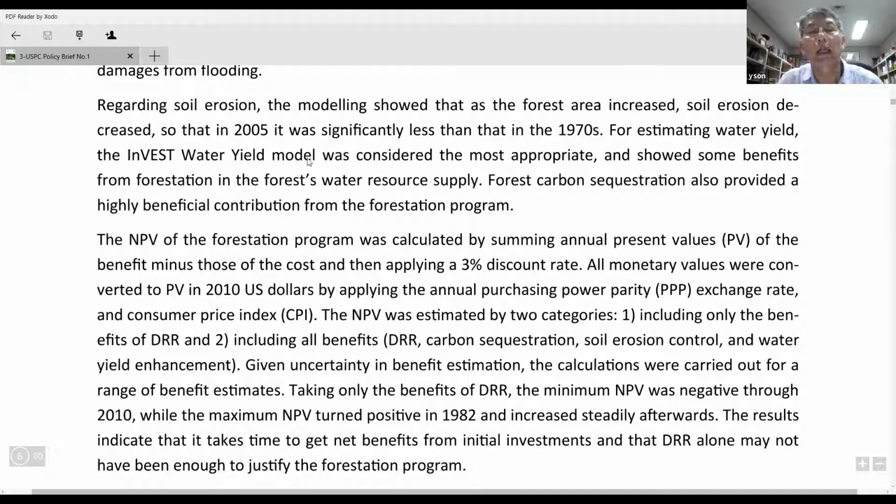Our study indicates that using this InVEST water model showed benefits from reforestation in terms of forest water supply. In other words, if you have a good forest, water resources supply will be increasing. Forest carbon sequestration also provides a highly beneficial contribution from the reforestation program.